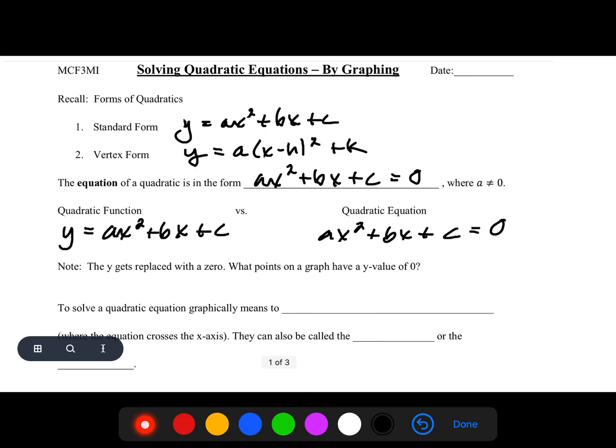So to solve a quadratic equation graphically means to find the x-intercepts, or where our related function crosses the x-axis. And they can also be called the zeros, so you'll hear them referred to as the zeros, or the solutions, or the x-intercepts.